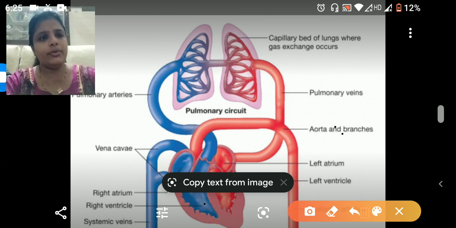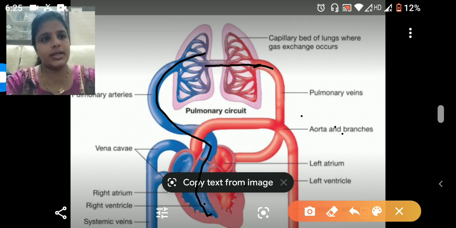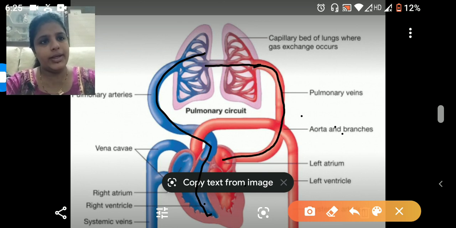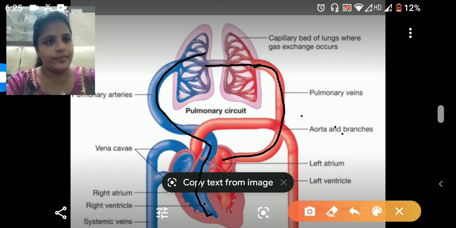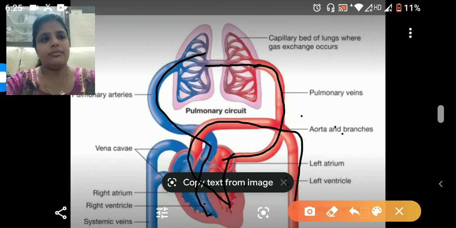Now from the right ventricle, it goes to the lungs. In the lungs, this deoxygenated blood is converted to oxygenated blood, and it enters into the left auricle. From the left auricle, this blood goes to the left ventricle, and from the left ventricle this blood goes to the entire body.